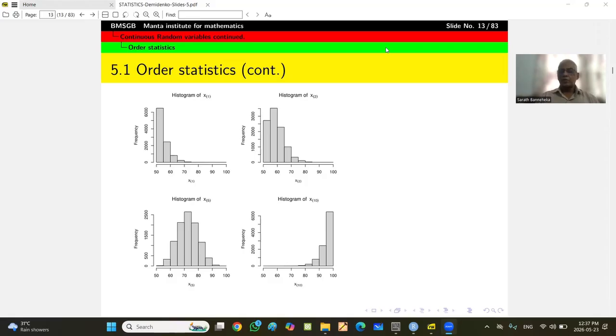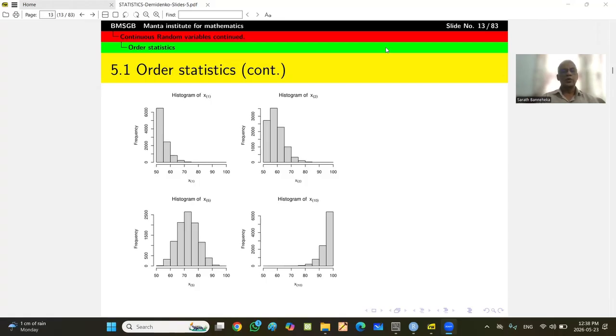Okay, welcome back to session 2 of this lecture. At the end of session 1, we were talking about the sampling distributions of the order statistics when the samples are coming from a uniform 50 to 100 distribution. Sample size is 10.